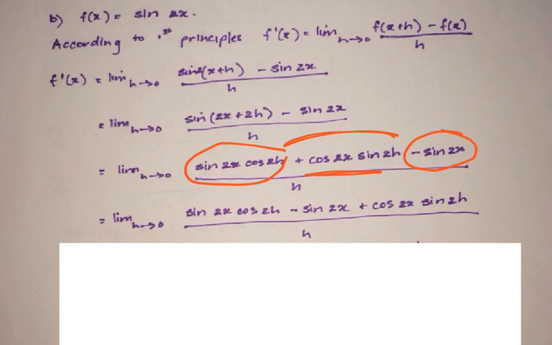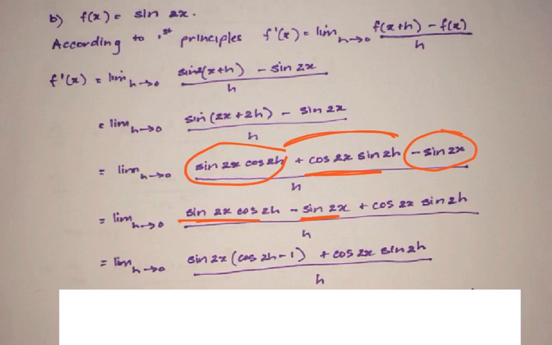And since both my first and my second term have sine 2x in common, I'm going to pull out the sine 2x, and that's going to leave me with sine of 2x into cos 2h minus 1 plus my last term, which is cos 2x sine 2h, all over h.